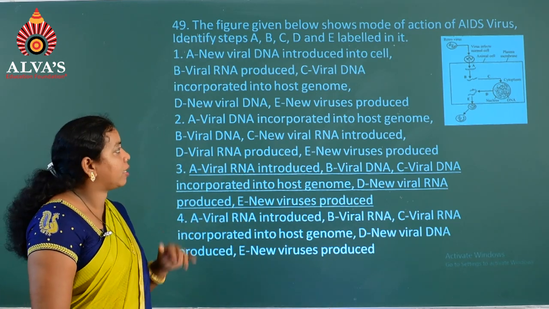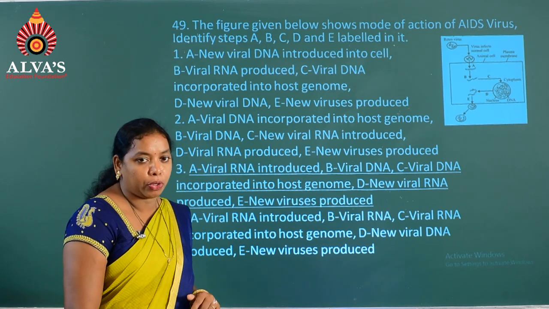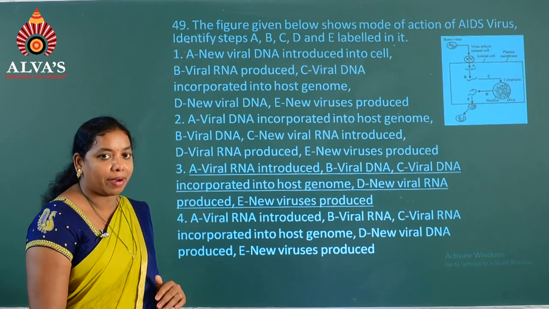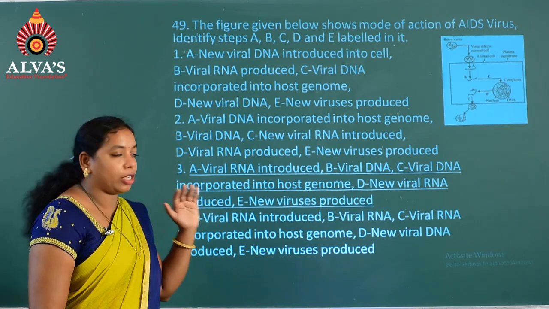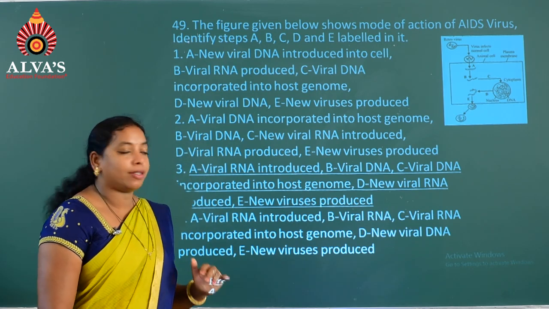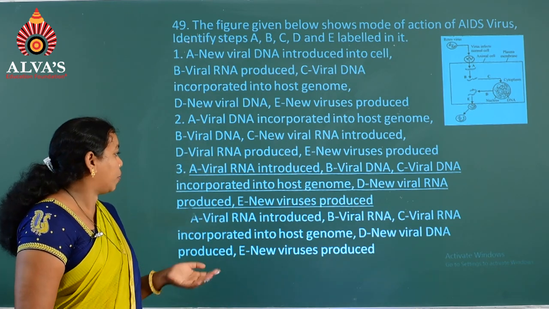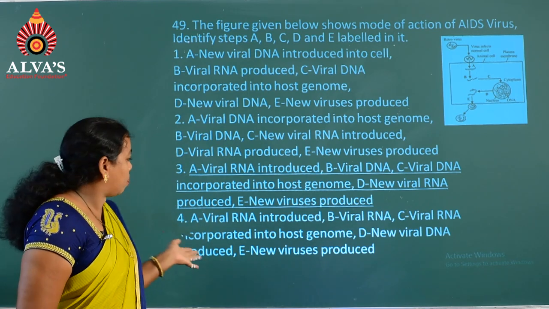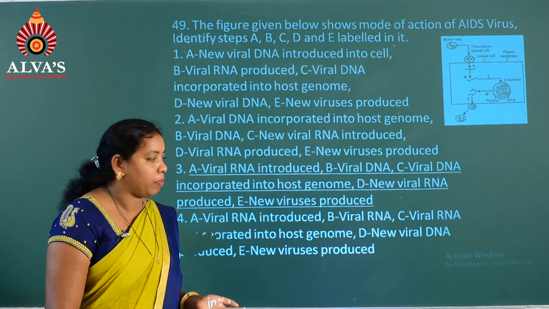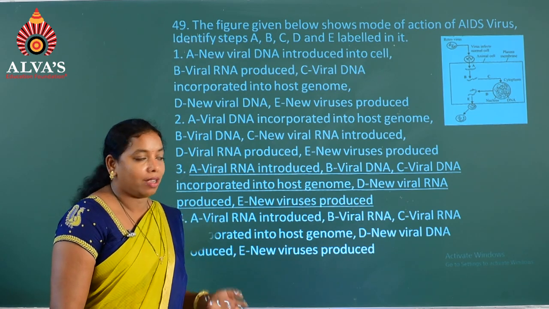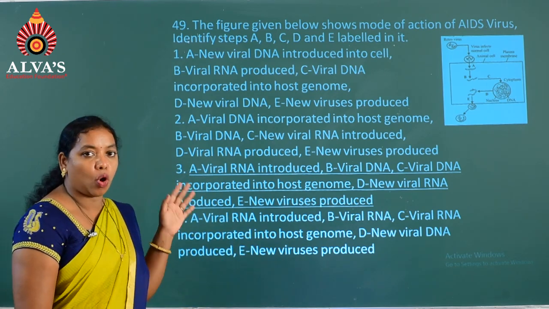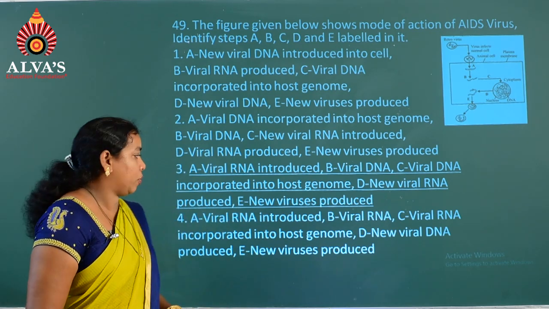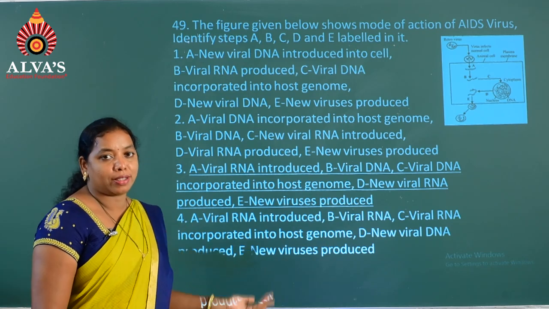Third option: A is viral RNA produced, B is viral DNA, C is viral DNA incorporated into host genome, D is new viral RNA produced, and E is new viruses produced. Option D: A is viral RNA produced, B is viral RNA, C is viral RNA incorporated into host body, D is new viral genome produced, and E is new viruses produced.